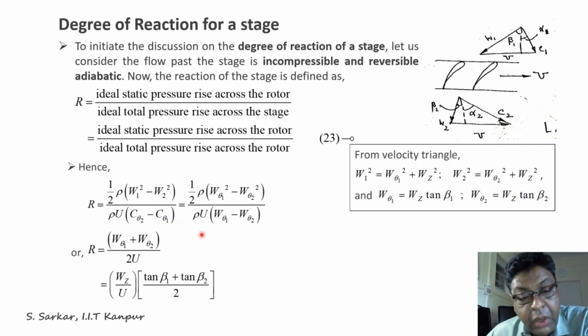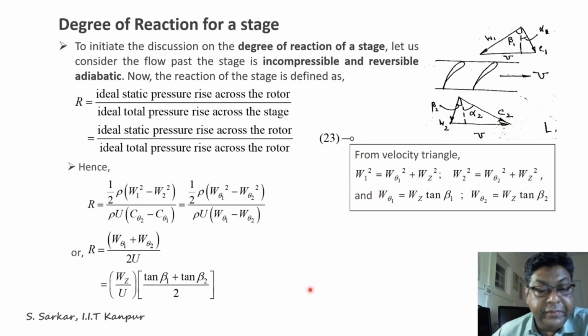Now, from the velocity triangle, W1 square is equal to W theta 1 square plus Wz square. Similarly, W2 square is equal to W theta 2 square plus Wz square. Put the value of W1 and W2 over here.